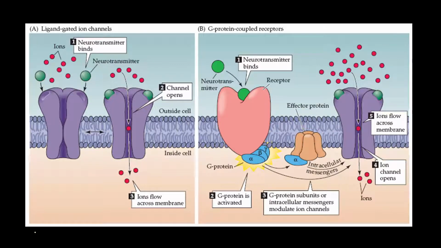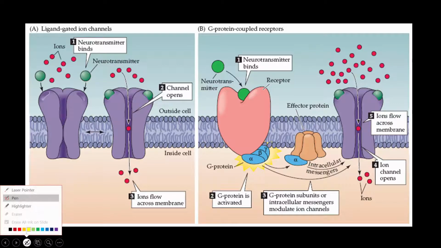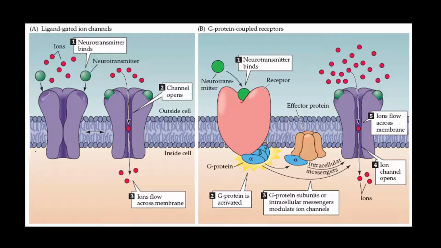When we talk about ionotropic receptors, okay, we've got ions in the extracellular fluid, for example, here. We've got a spot on the receptor. Remember, the receptor is a gigantic protein. When my neurotransmitter or ligand binds to it, it's going to take the receptor from the closed state to the open state.